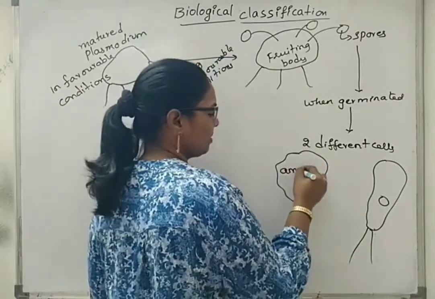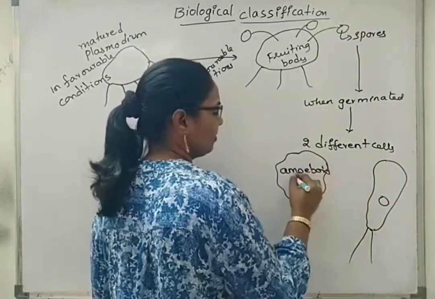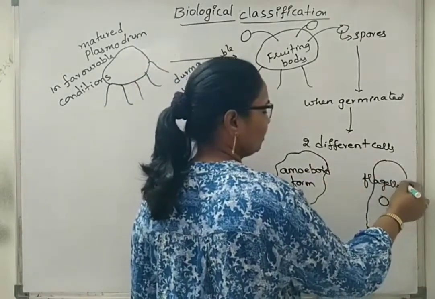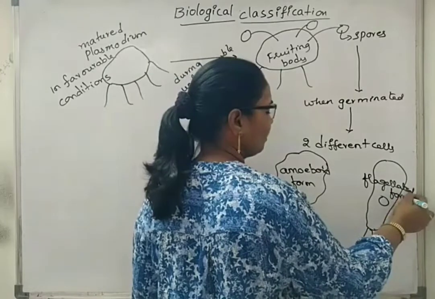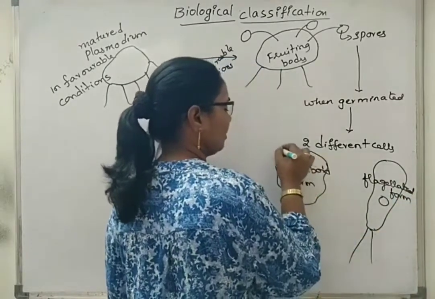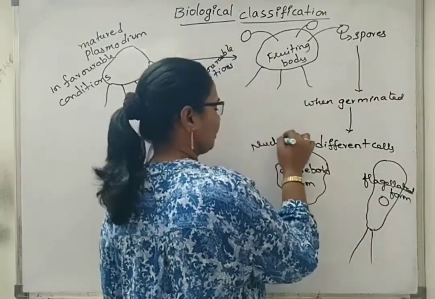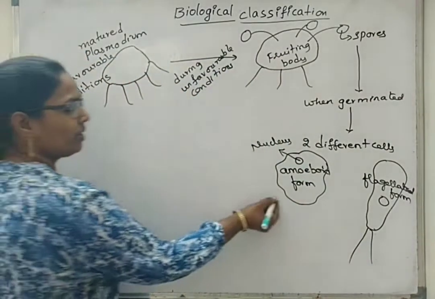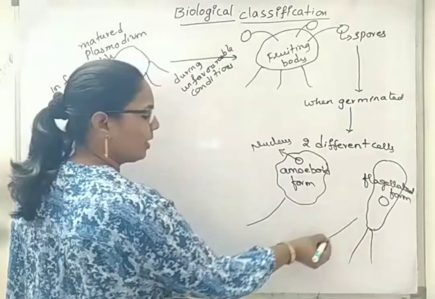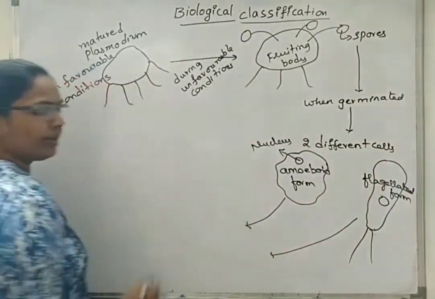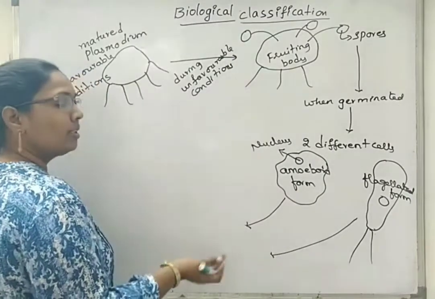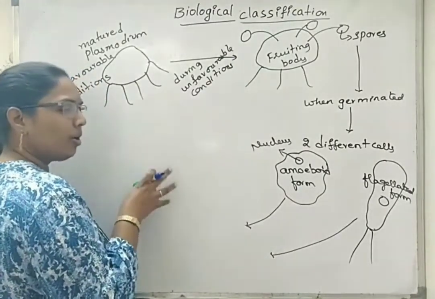So this is the amoeboid form, this is the flagellated form. This will be the nucleus. Again, many will be formed like this, many flagellated forms, many amoeboid forms. They both tend to fuse with each other to form a new colony of the slime mold.